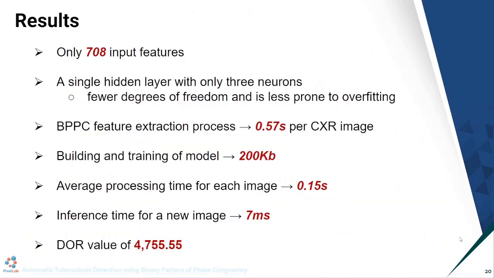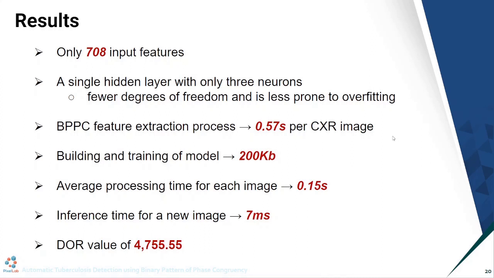Moreover, our proposal used only 708 input features, very different from the millions of parameters used in DL models like CNNs. It has one single hidden layer with only 3 neurons, maintaining fewer degrees of freedom and being less prone to overfitting. Our BPPC feature extraction process takes approximately 0.57 seconds per CXR image.